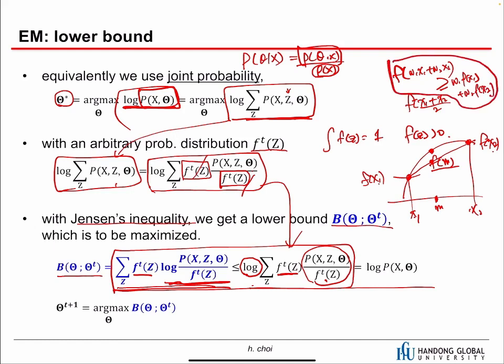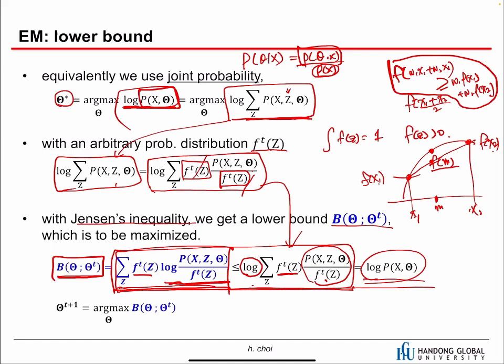So we actually apply the same thing here. Now let's say this one is the lower bound. This one is what we want: we want to maximize this one, but this one is complicated.